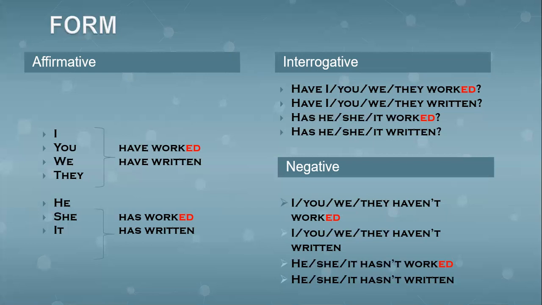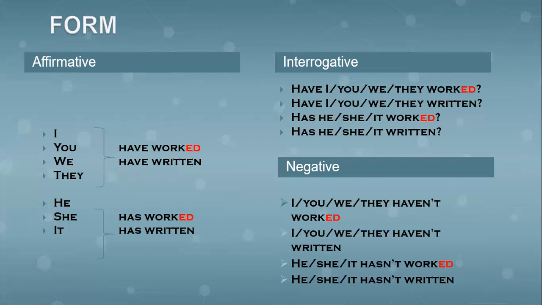But if we have the other package, which is he, she, and it, and they add s to the verb that comes after them, so how do we write it? He has. Has is verb to have after adding an s to it. So we say he has, she has, it has.